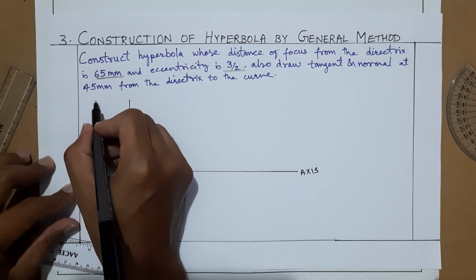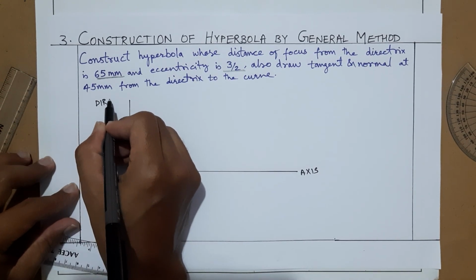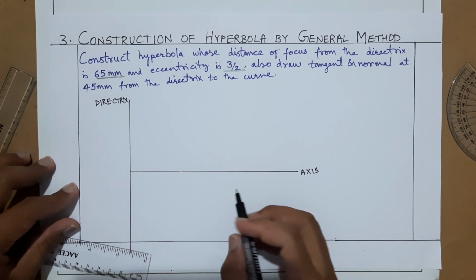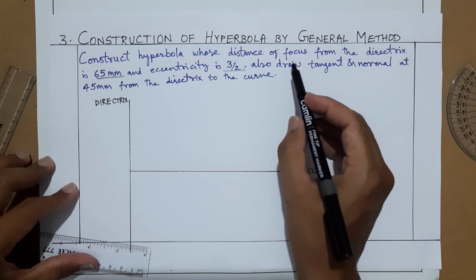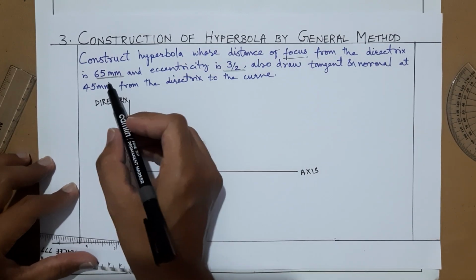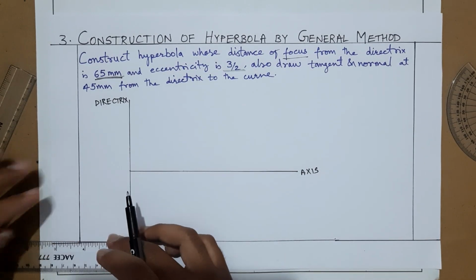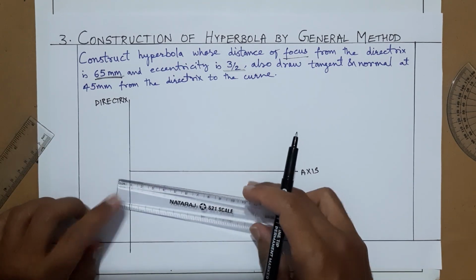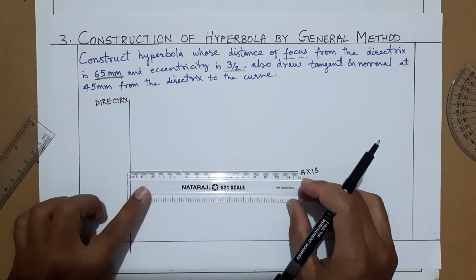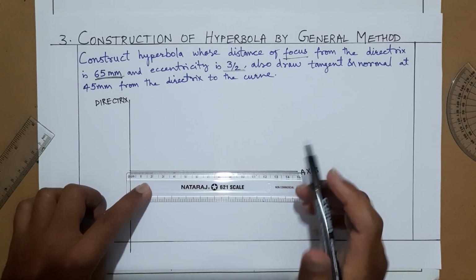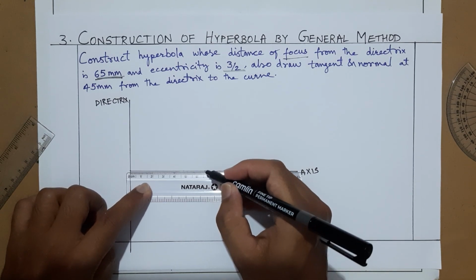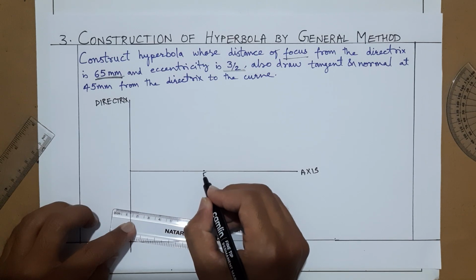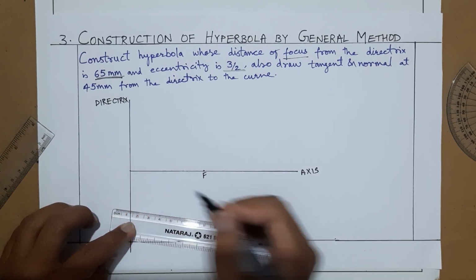This is your axis, and this is your directrix. Focus is from the directrix how much, 65 mm. So here I'll measure focus as 65 mm from the directrix. Here is the 60 and here is the 65 mm. Here is our focus F from the directrix.